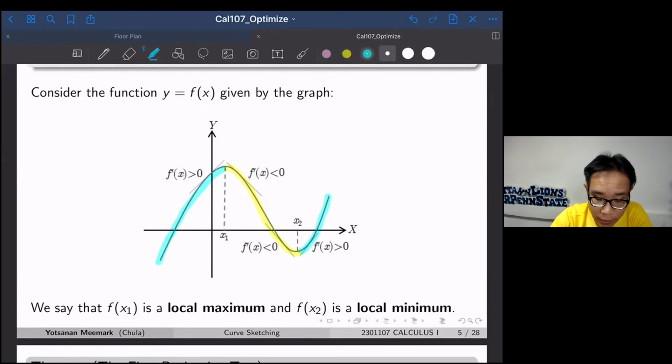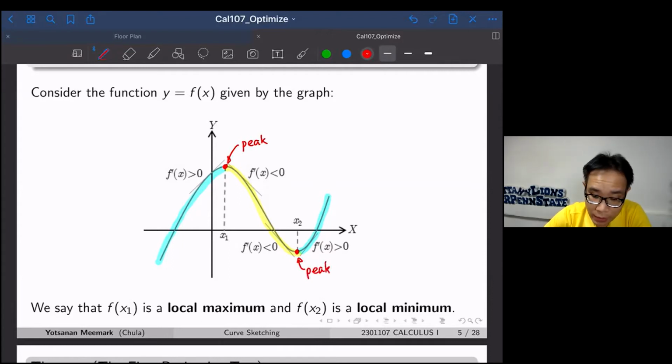So you see that you're going to have a peak at x1 and a peak at x2.